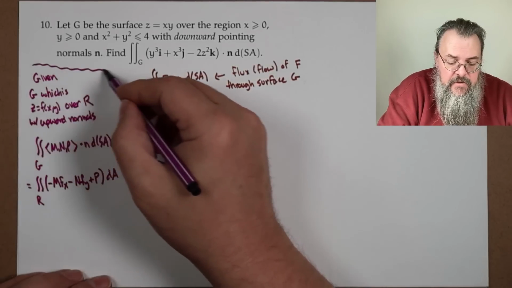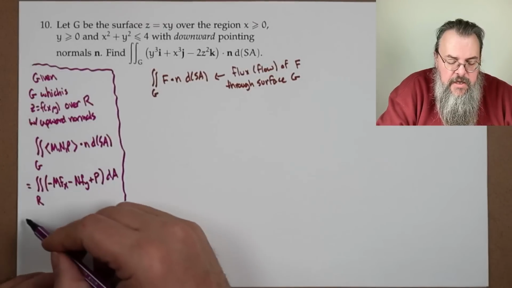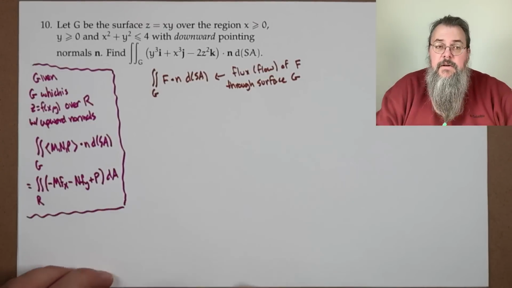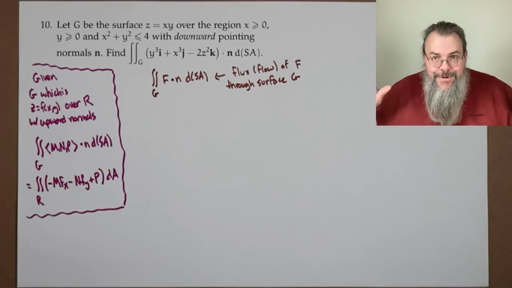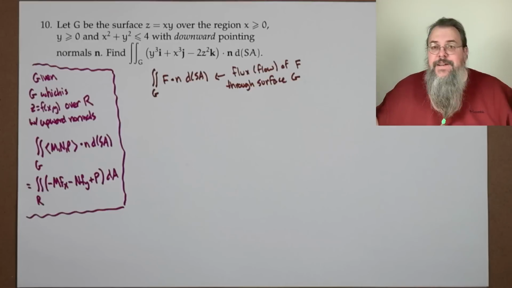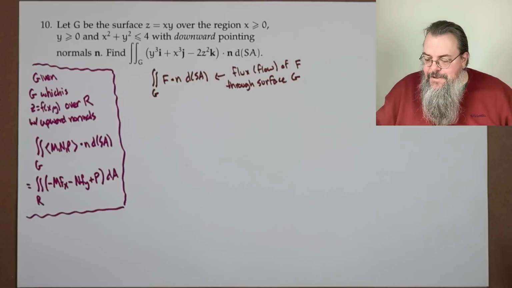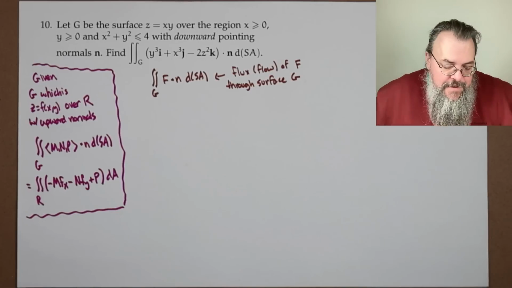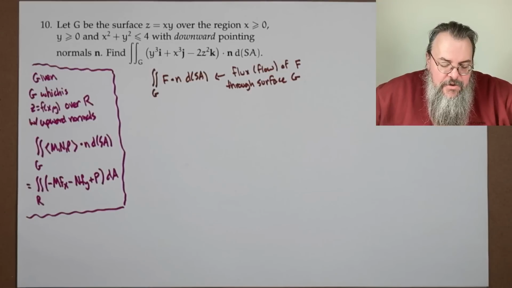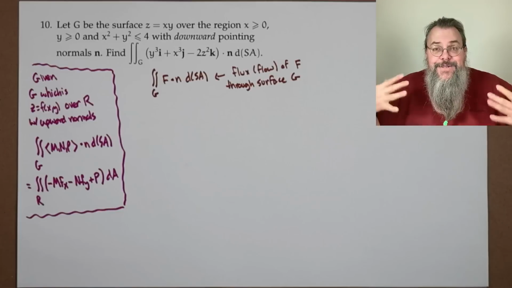So this is the generic way to compute our flow through a surface. And notice no square roots to be seen, unless M, N, and P happen to have them, or maybe f_x and f_y happen to have them. But great. Now, how is this working?